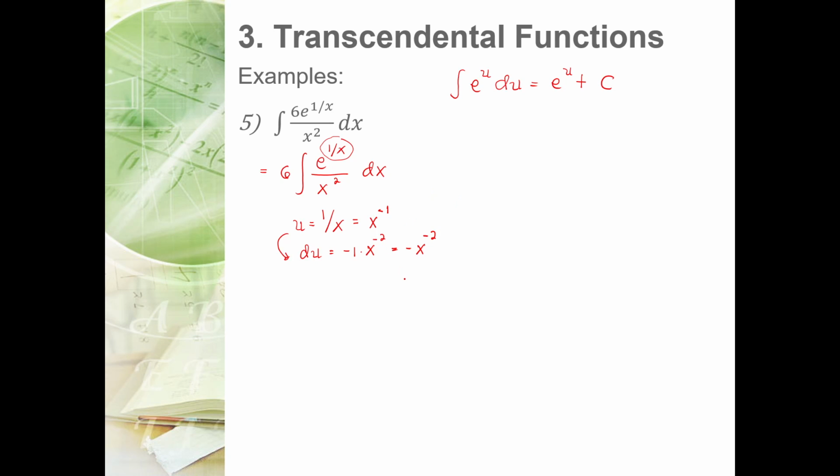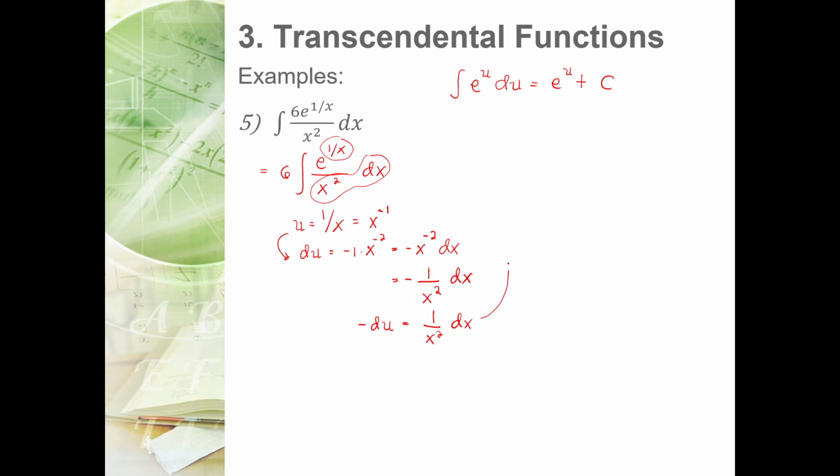In other format, if we bring back the x variable in the denominator, that's 1 all over x squared dx. Notice that we have dx all over x squared here, but it's positive. So dividing by negative 1, we have negative du is equivalent to 1 all over x squared dx.